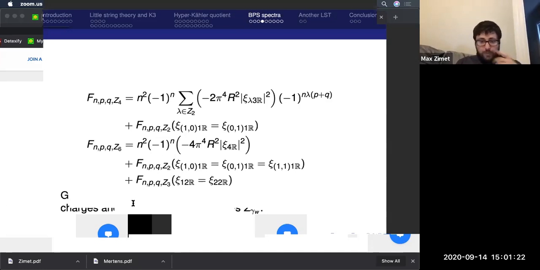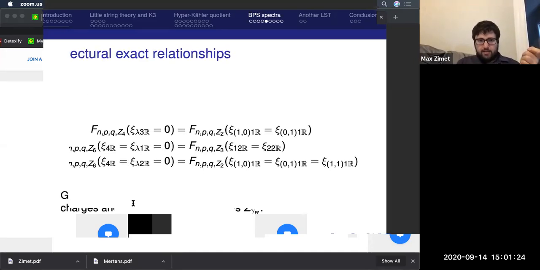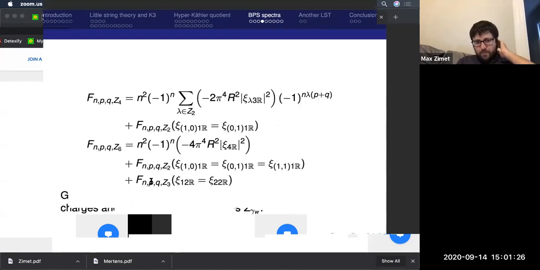The point is that the way this Poisson resummation works is that you get certain terms that contribute to all singular fibers, and then you get certain terms which only contribute to certain singular fibers. So this gives you relationships between the different singular fibers that show up in the same F-theory compactification.